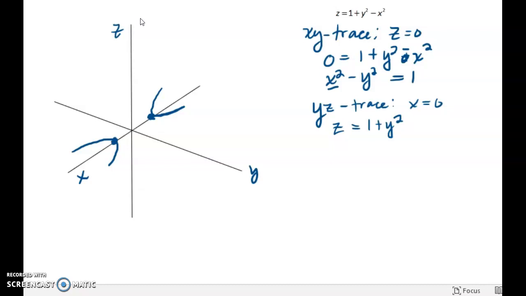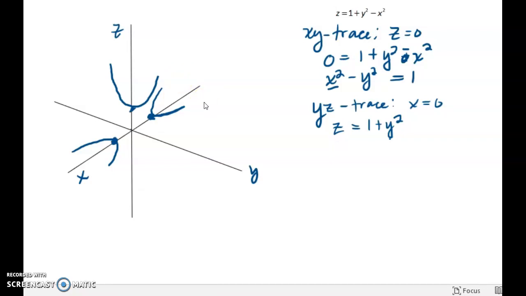The vertex is y equals 0, z equals 1. And it opens upward in the YZ plane. So it's going to go kind of like this. And then let's see what else.